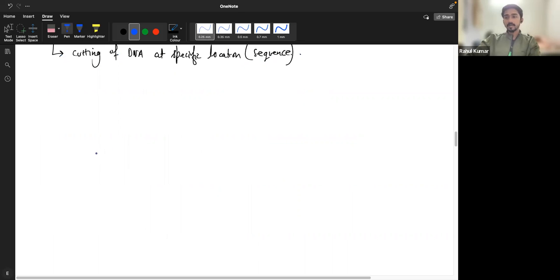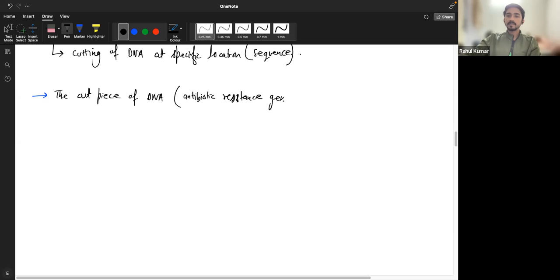So write down: the cut piece of DNA, which in this case is the antibiotic resistance gene. It can be anything, right?